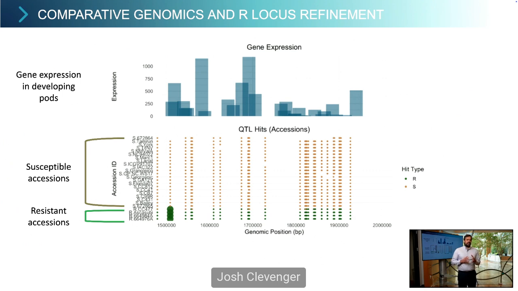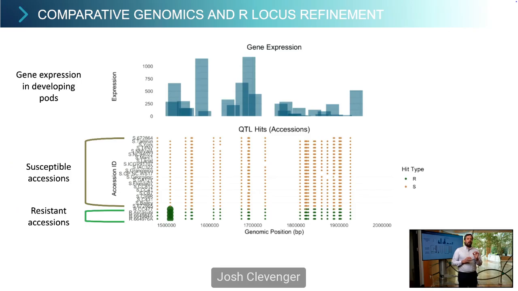And one of the things that's interesting is what we're showing here on the top is the expression of the genes in developing peanut seeds for the genes in that region. And this is the highest density of resistance genes in the peanut genome. And a lot of those variants that you see there that are indicative of this resistance haplotype are actually in genes.